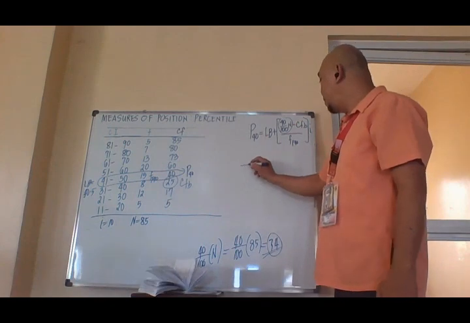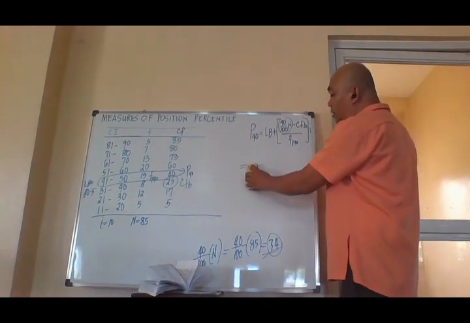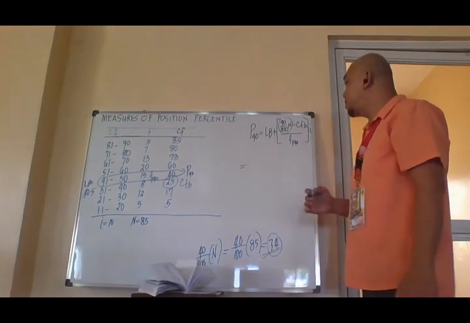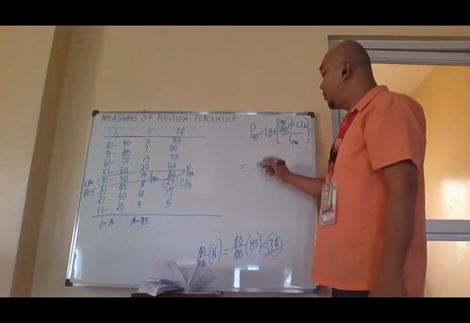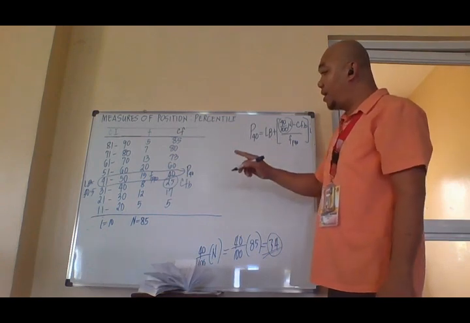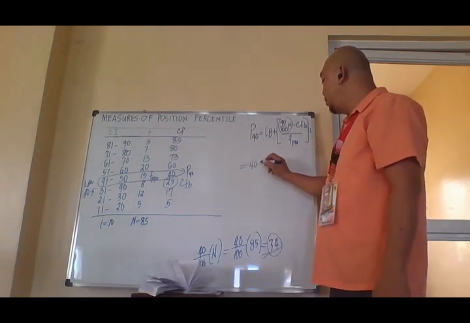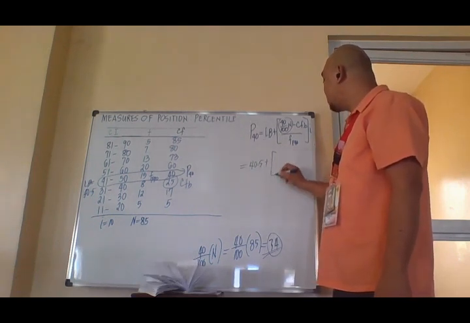Since we have completed already our givens, we are now ready to substitute in our formula. We have the lower boundary, as we identified earlier, 40.5.